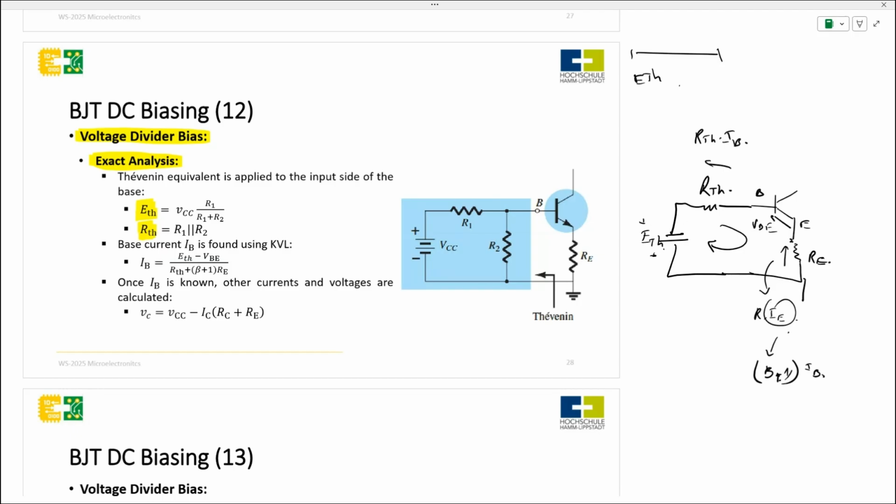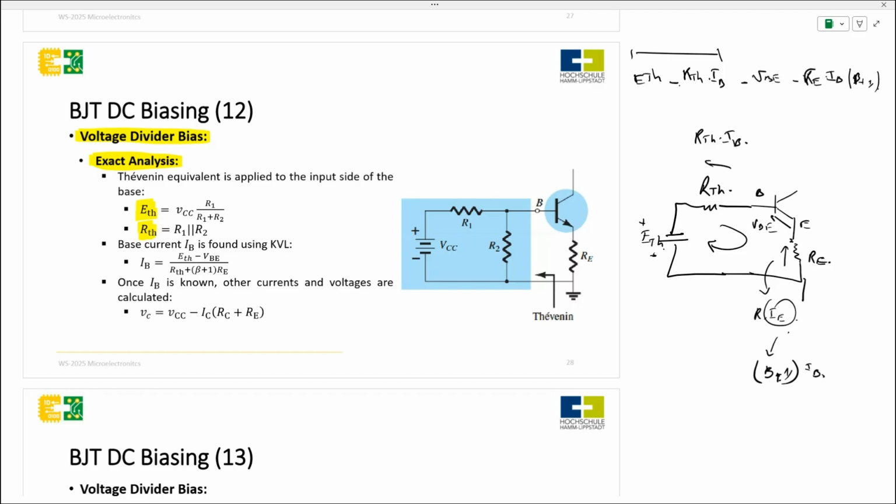So we have a minus plus, and we take this one, and here we have minus R Thevenin multiplied by IB, and then we have minus VBE, then a minus RE multiplied by IE, or directly IB times beta plus 1.